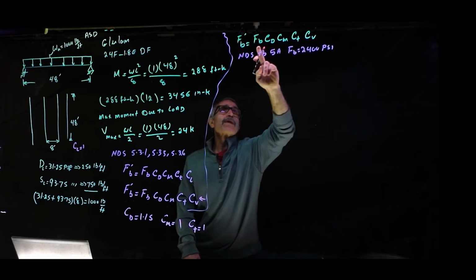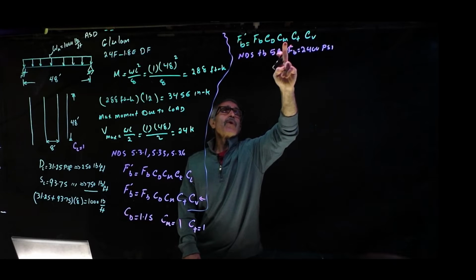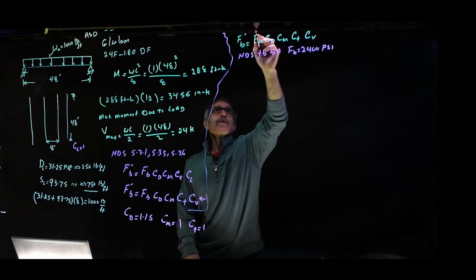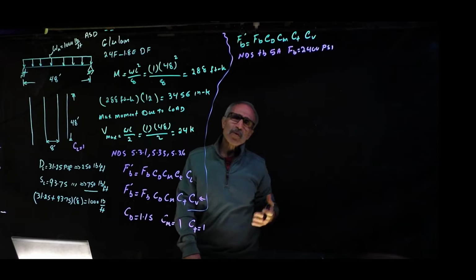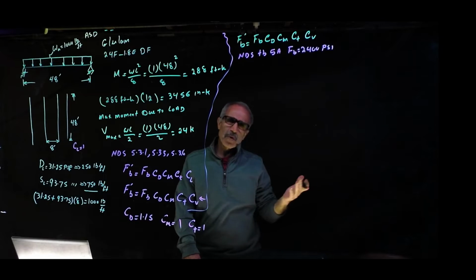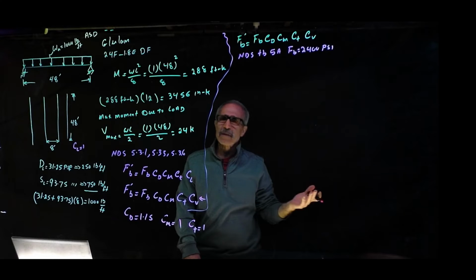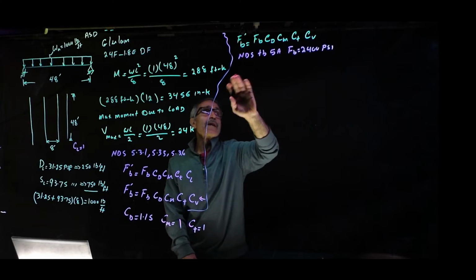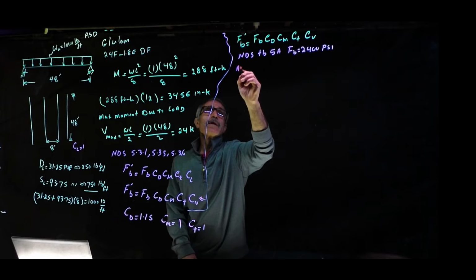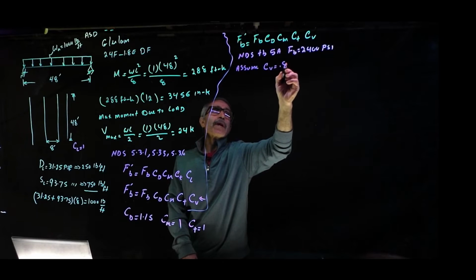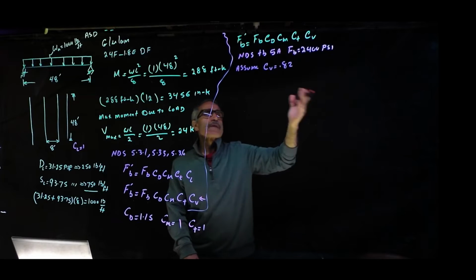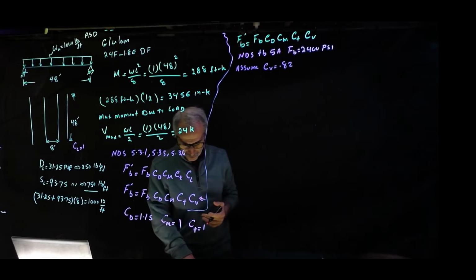But we know these: 1, 1, 1. So this is 2400, 1, 1, 1. This we don't know, the size factor. What we're going to do is make an educated guess, 0.82, 0.8, 0.85, something like that. Let's assume CV is equal to 0.82, and then we can come back. If it's less or more, we can make an adjustment.